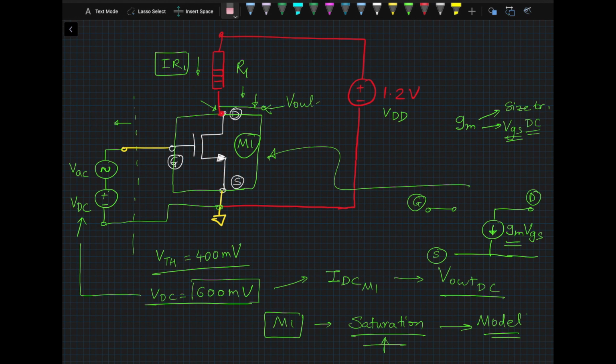Let's keep VGS away here because it might be confusing, so let me use a different variable. It depends on the size of the transistor and the current.